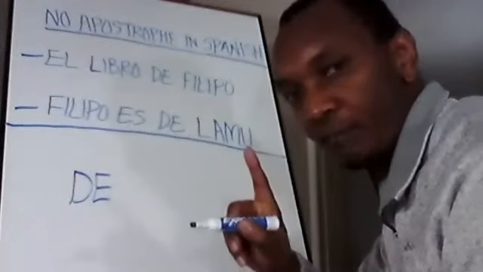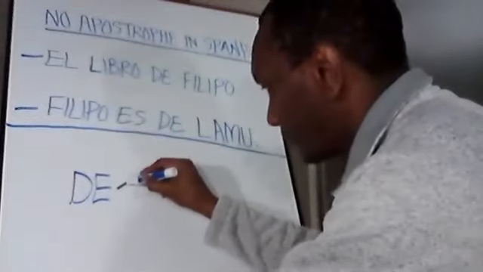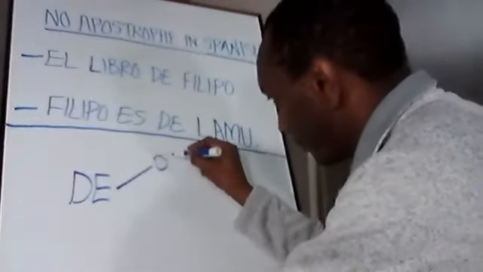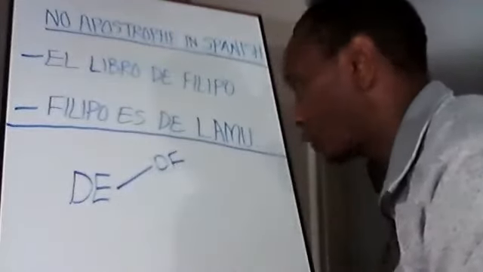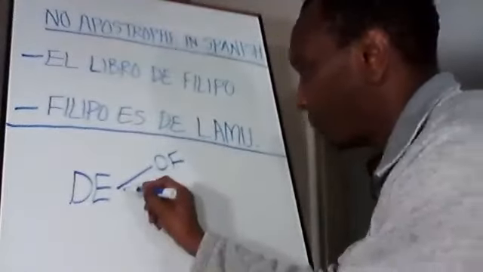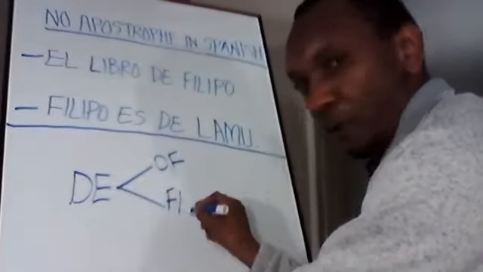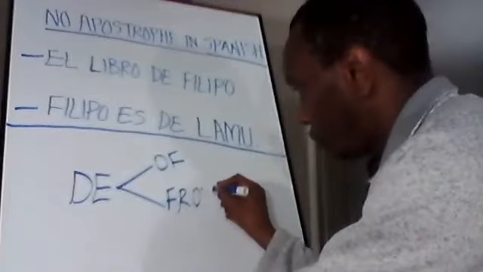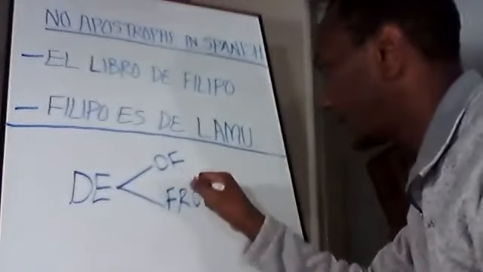And de itself has a double meaning. De first means of, to denote possession. It also means from, to denote origin. I'll be covering both in today's lesson.